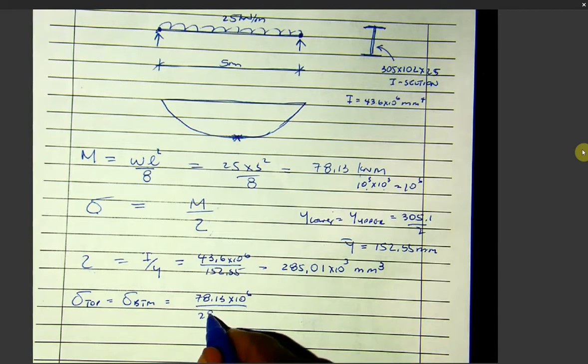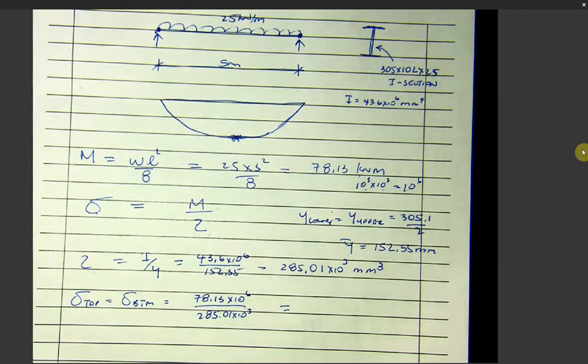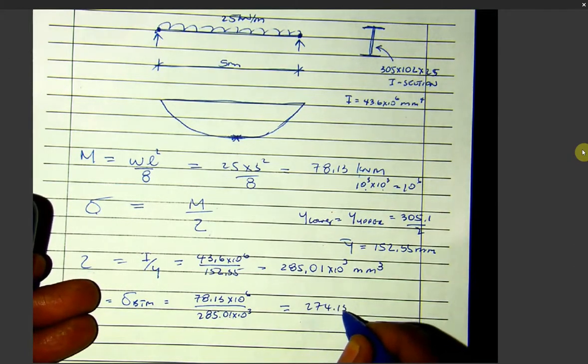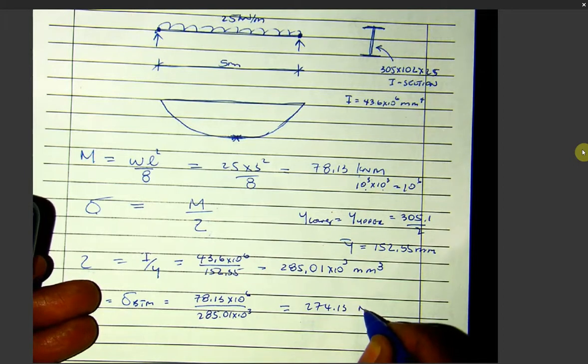It's 285,01 times 10 to the power 3. So what is your stress? 78,13 exponent 6 divided by 285,01 exponent 3. It's 274,13 Newton per millimeter squared.